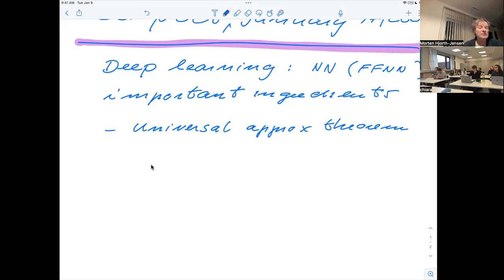The universal approximation theorem states that you can approximate a continuous real function to a given precision with at least one hidden layer. It doesn't say anything about the number of nodes, the number of layers, or the kind of architecture.